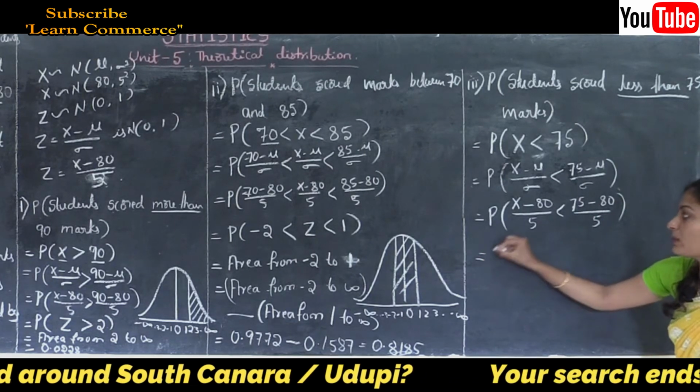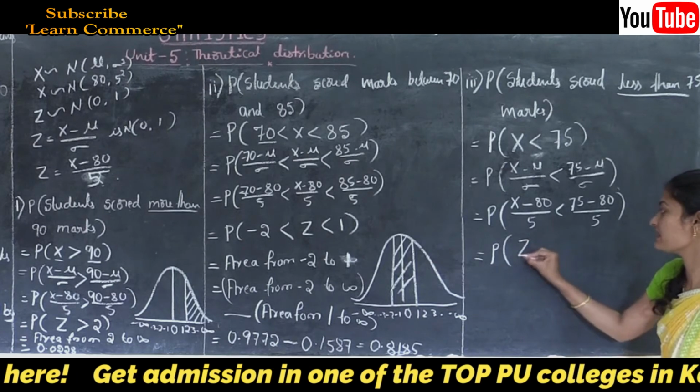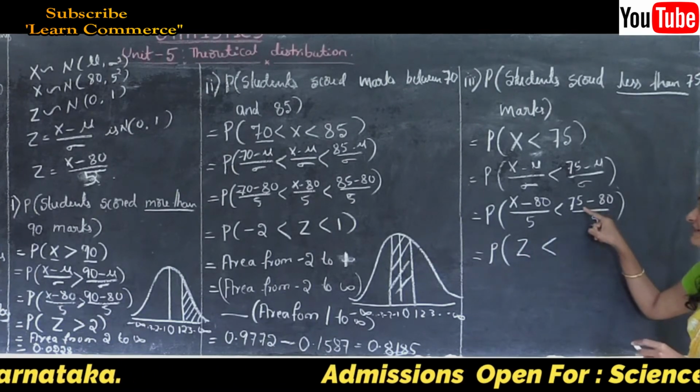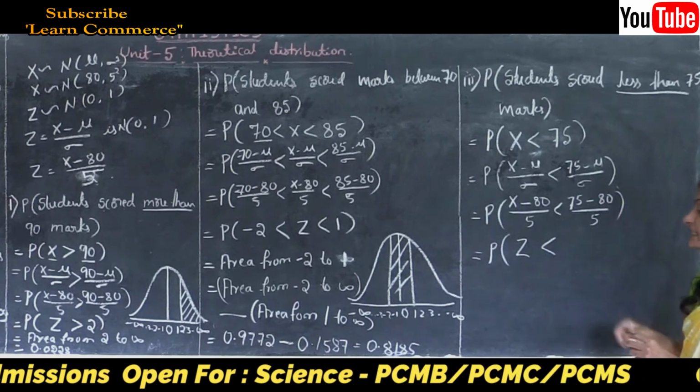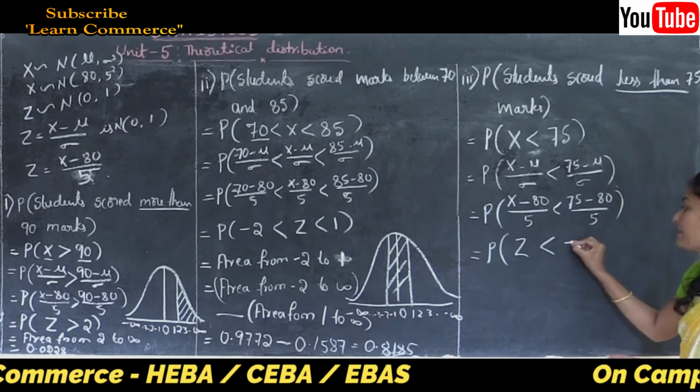Mu is 80 and sigma is 5. So x minus 80 divided by 5 is z, less than 75 minus 80 divided by 5. 75 minus 80 is minus 5, and minus 5 divided by 5 is minus 1.